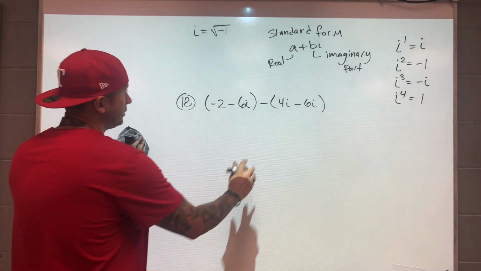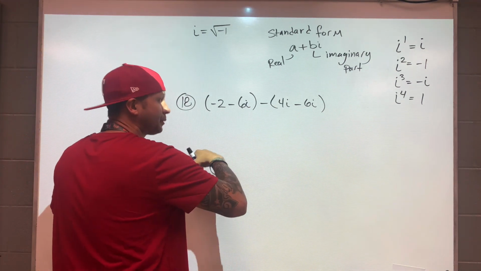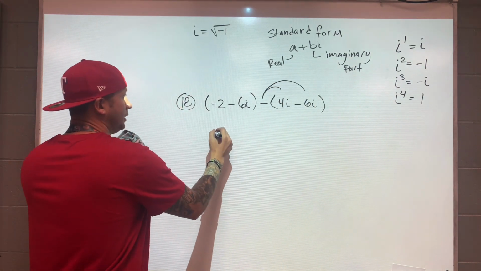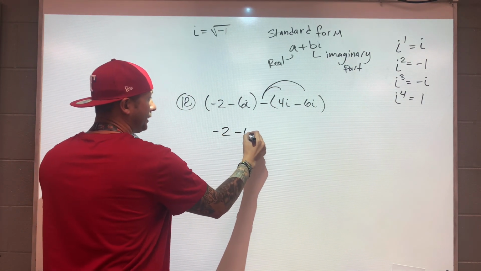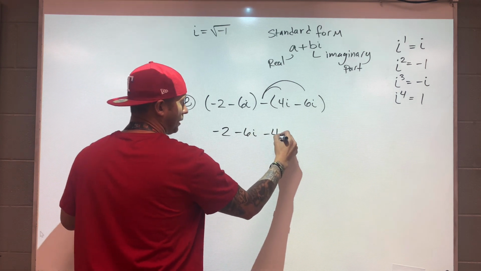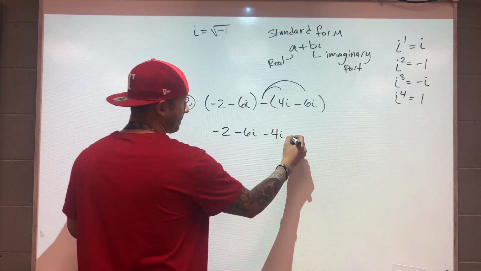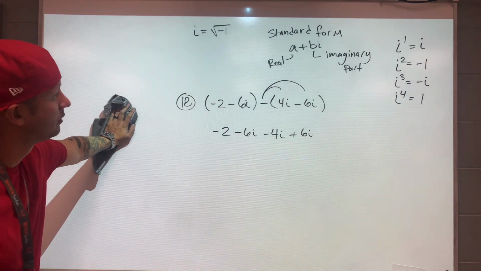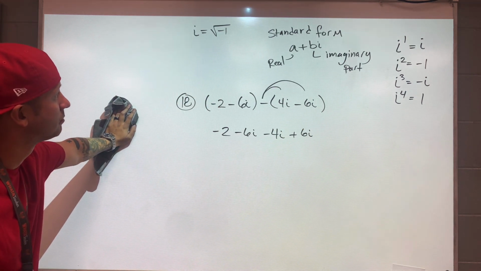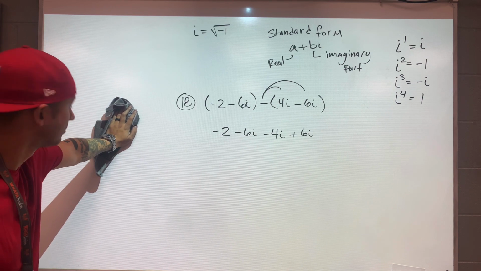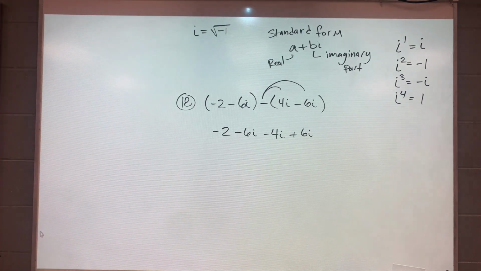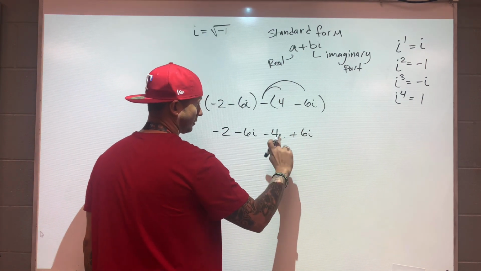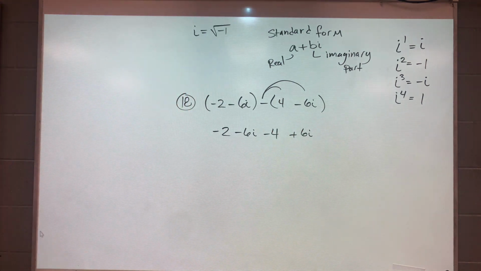Okay. Here, on the last one we were adding, here we're subtracting. So we're going to have to distribute. So -2 minus 6i minus 4i plus 6i. I knew that looked funny.